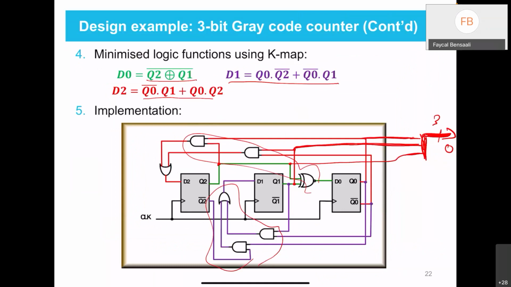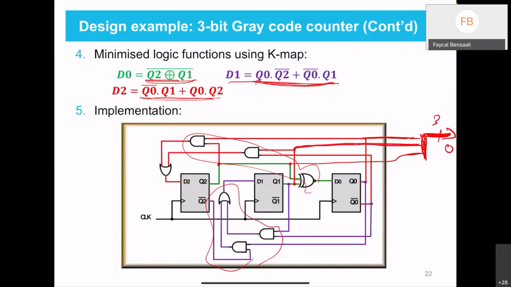You can use a ROM if you want as well. It depends on the complexity, but it's not too complicated. You can get this to just use NAND gates. You can do whatever you want with what we did before. And that's it. This is the last slide and the last lecture in this course.